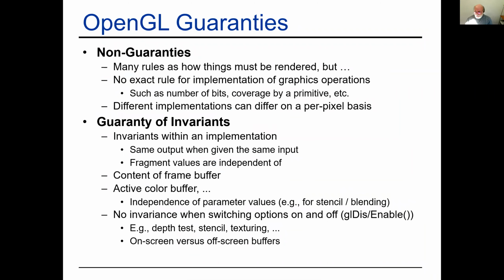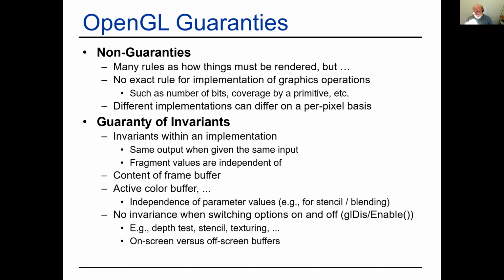I briefly talked about some of the aspects on this slide here. As I said before, OpenGL does not guarantee any specific algorithm for rasterization, but there is certain freedom about how things are to be rendered, to be rasterized. There are certain rules that must be obeyed by any implementation, but certain things are not required.